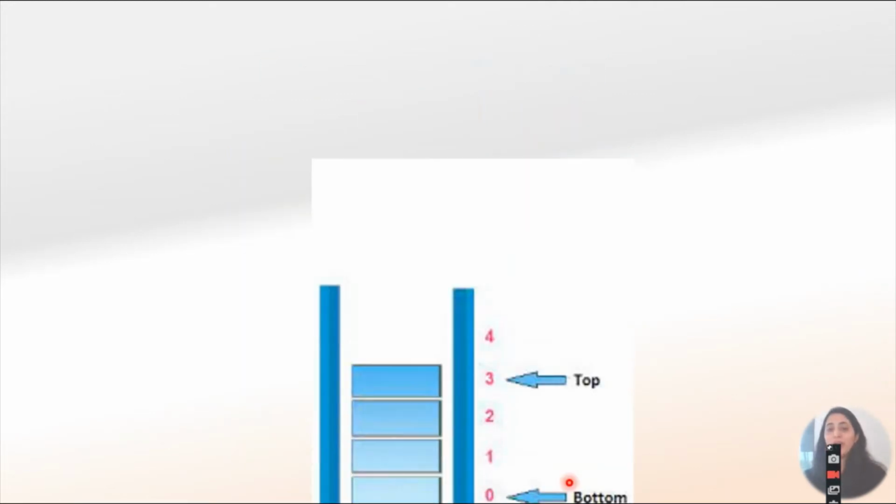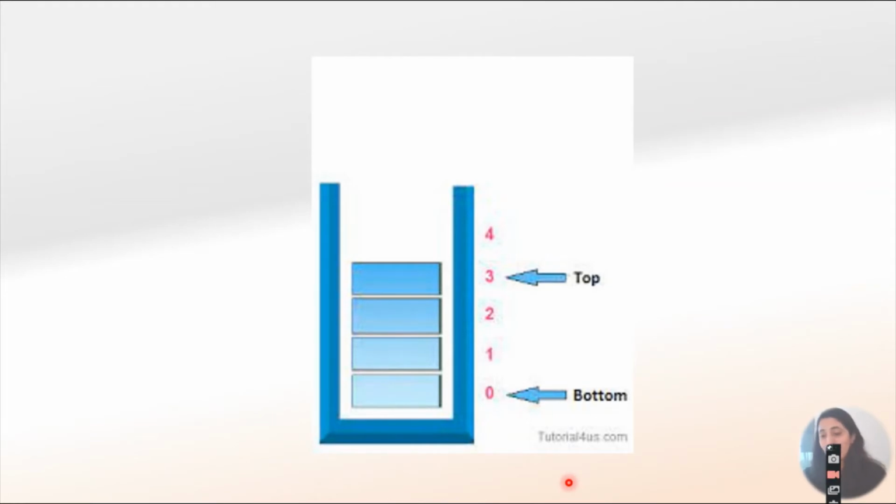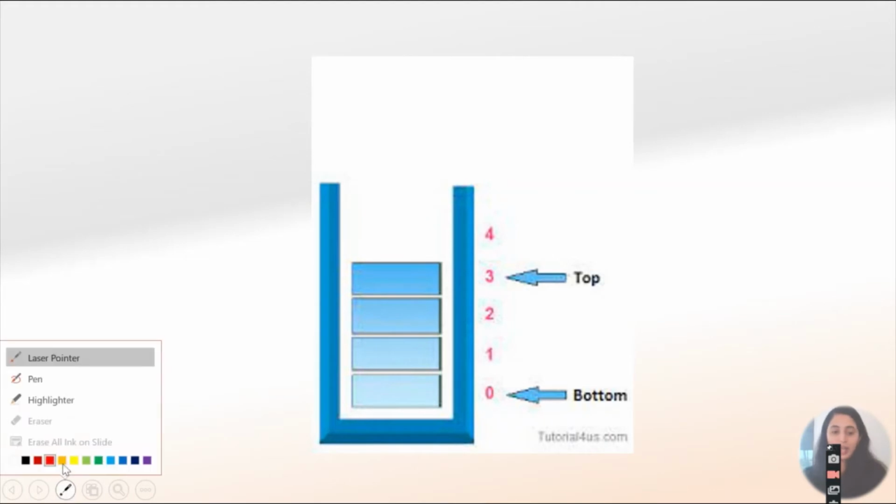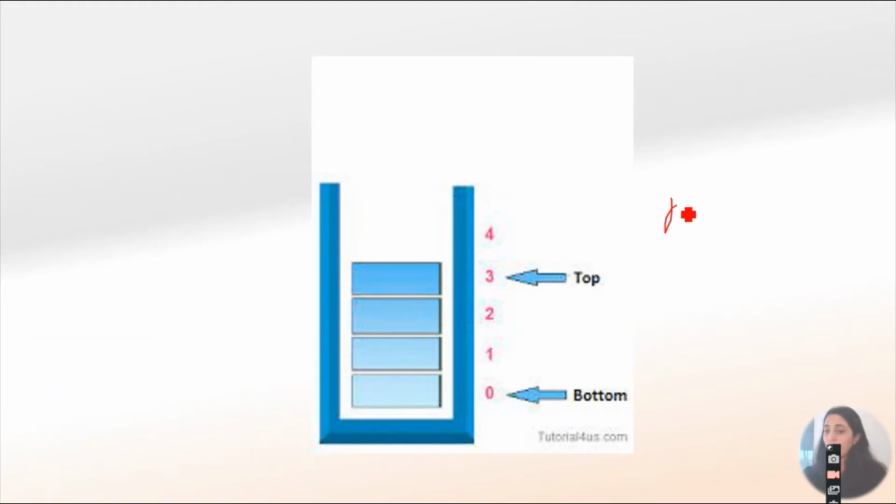So let us go in more depth and understand how the stack is being used and how it is used in programming languages. Okay, so this is a representation of a stack where we have different objects placed in a stack. If I am using an array, say for example, I have defined an array A of size 5.